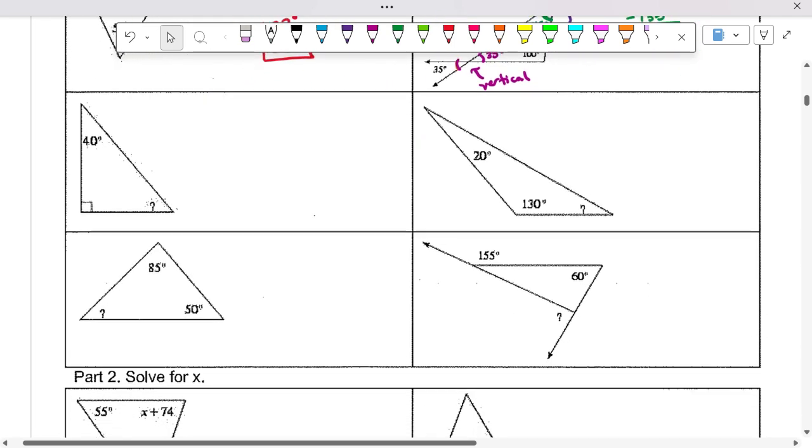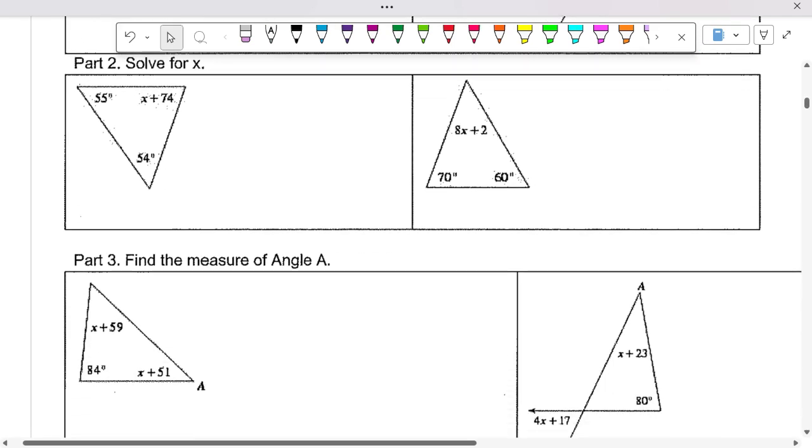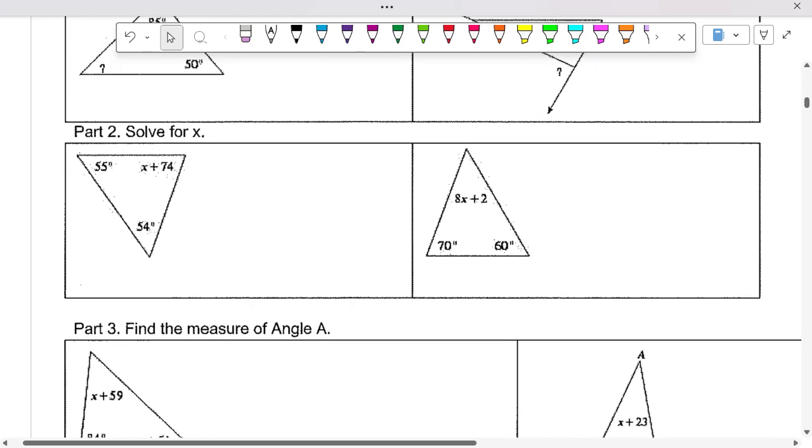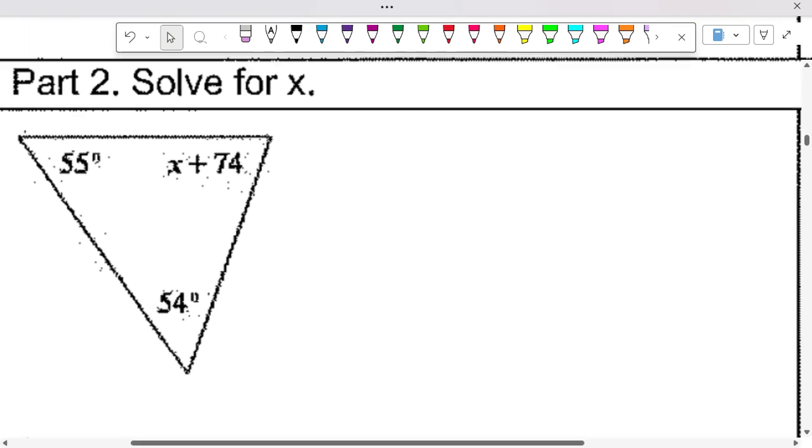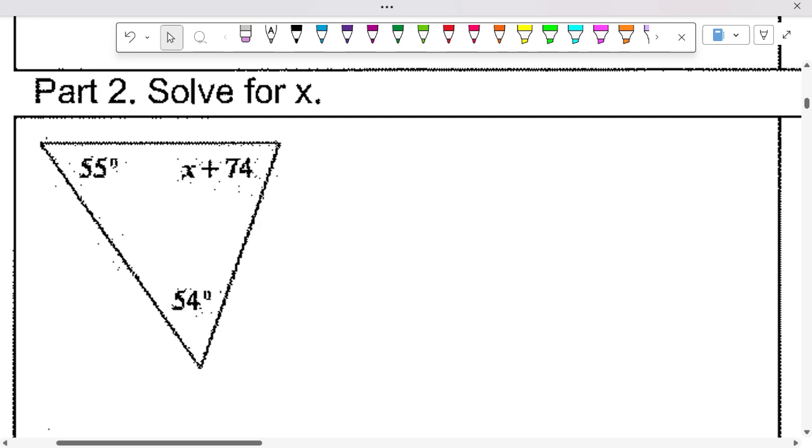All right, let's look at some where we have to do a little bit more work. So look at part 2. For all these problems we're solving for x. Now, we're still using the theorems that we already know.